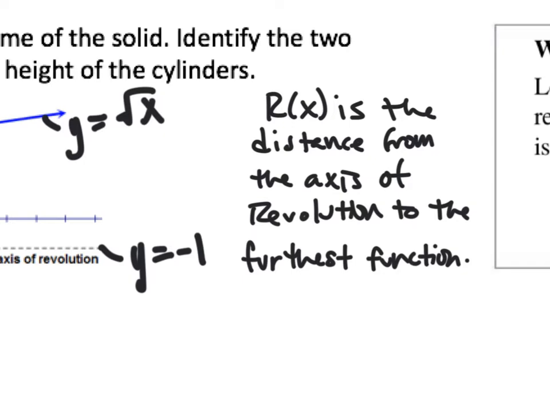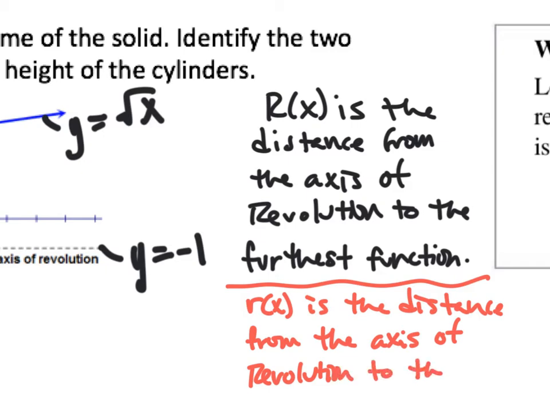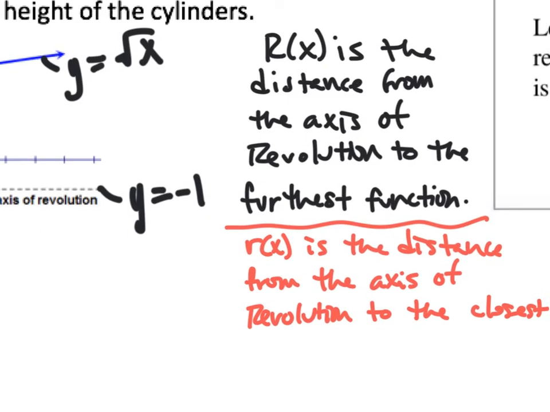Our axis of revolution in this case is down below, but that's how we figure that out. Now, little r of x is the distance from the axis of revolution to the closest function. Those are the things that we have to remember.